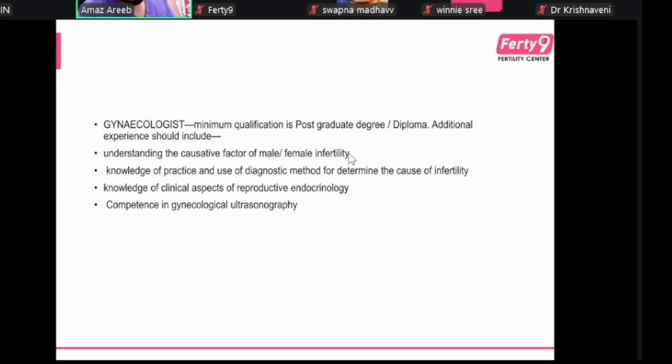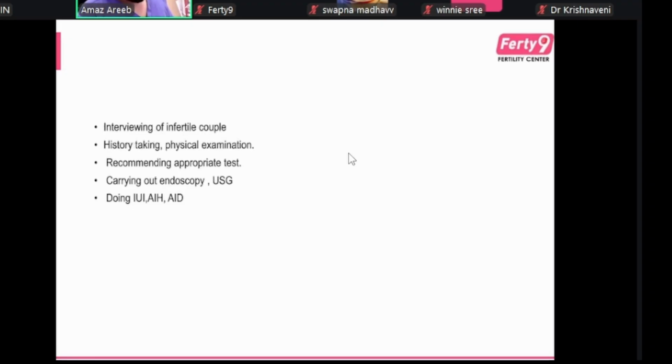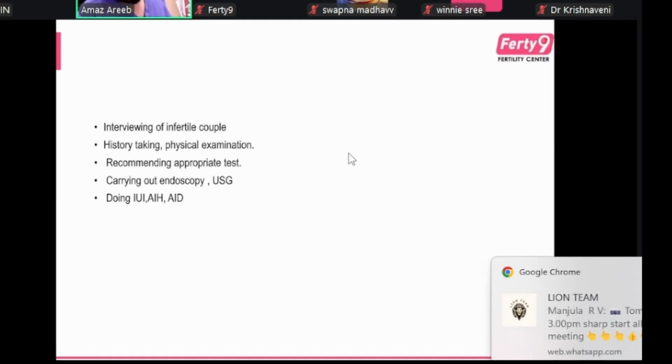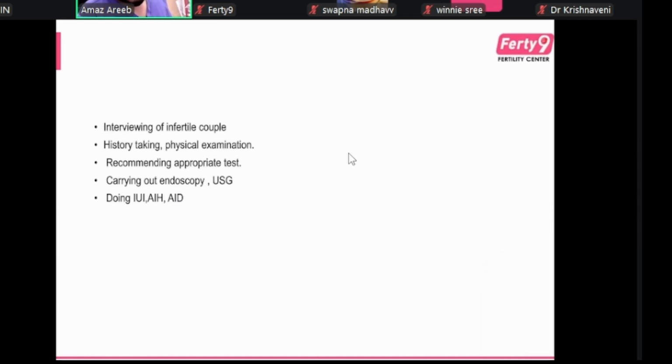It could be due to endocrinology, or reproductive immunology, or it could be due to a simple factor like a tubal block or something that you will be assessing through a gynecological ultrasound scan. And the gynecologist will be intervening and understanding the history of the couple, doing a physical examination if required for the male and female, recommending appropriate tests for all the baseline hormone tests, carrying out endoscopy or saline USG for tubal patency, and doing IUI, I mean assisted insemination, or AID, that is donor sperm.